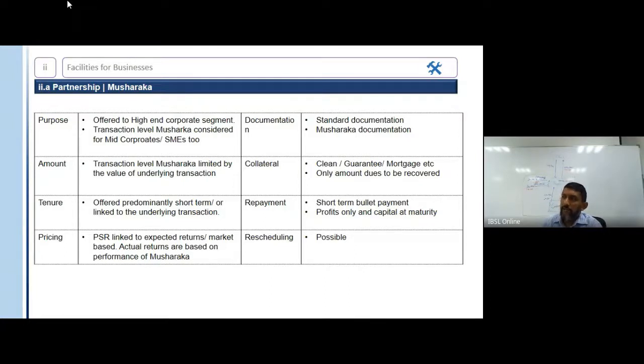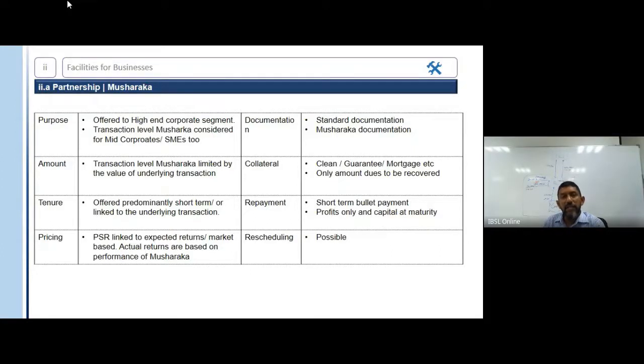Profit will be shared based on this ratio, and by profit we mean the total sales proceeds minus these costs, plus whatever, and then you arrive at profits. That is mentioned, and this will be reviewed or audited by so-and-so by this period of time. So ideally, this is one of the riskiest products in Islamic banking.